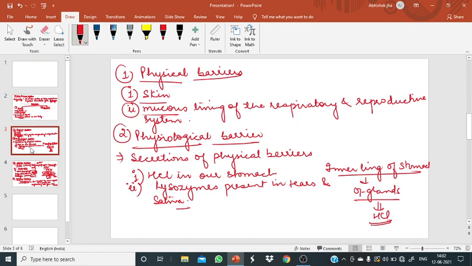First is physical barriers, which are present outside, for example skin, mucous linings of the respiratory and reproductive system. Then come physiological barriers, which are secretions of physical barriers, for example HCl in stomach, lysozymes present in tears and saliva. All these help to destroy the pathogen when it has entered our body.